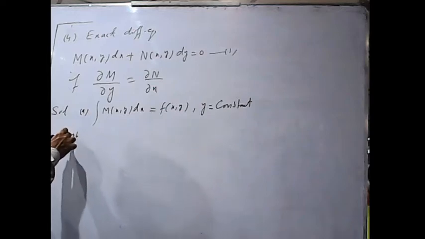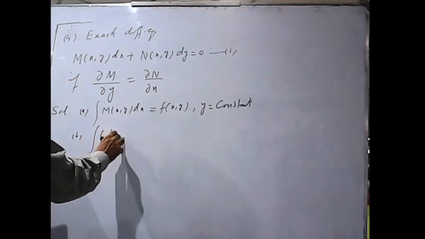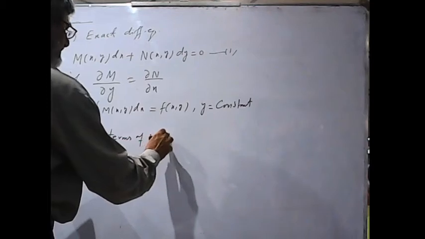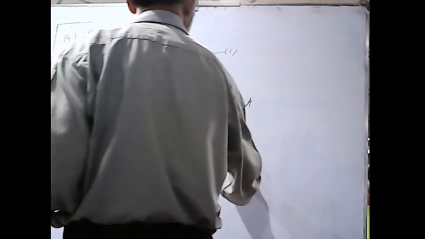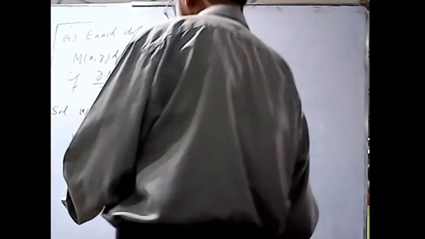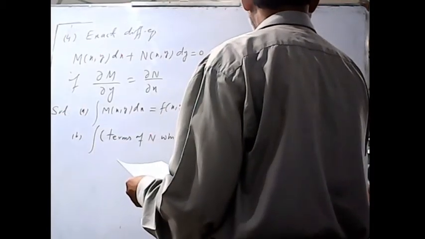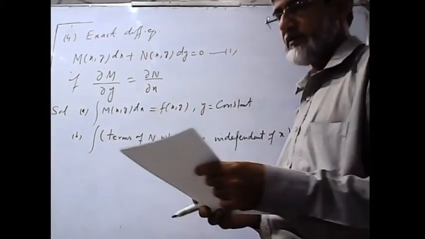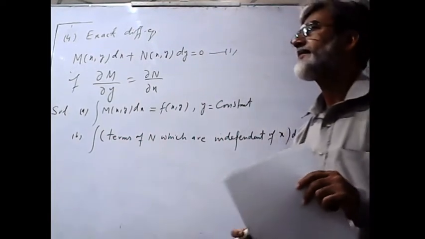Then part B: integrate the terms of N which are independent of x, dy, is equal to g of y.